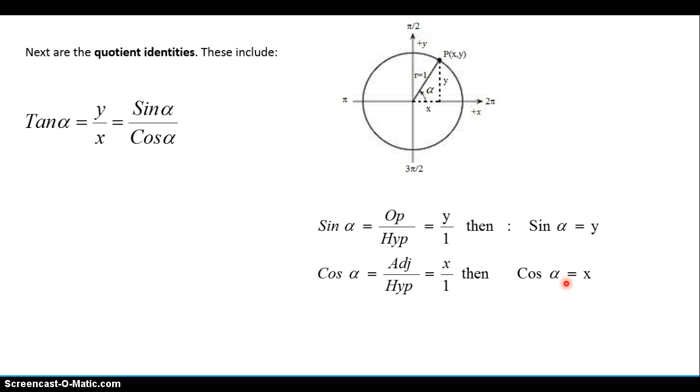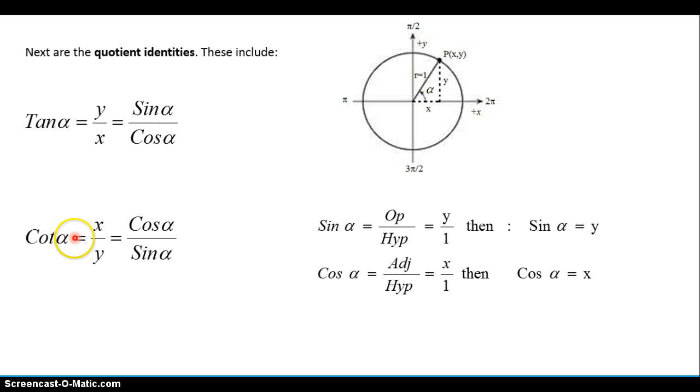If we understand this, we can see that the tangent of the angle is the same as y, that is the same as sine. The sine of the angle is the same as the opposite side, that is y, over x, that is the same as the cosine of the angle, that is the same as x.